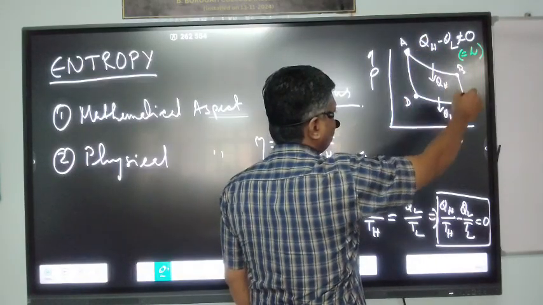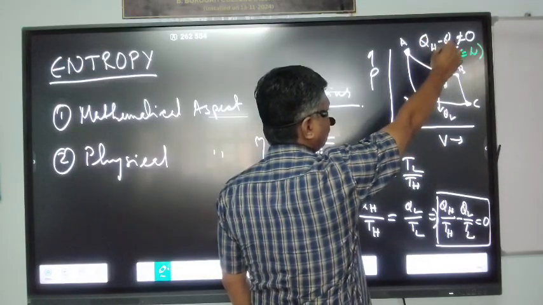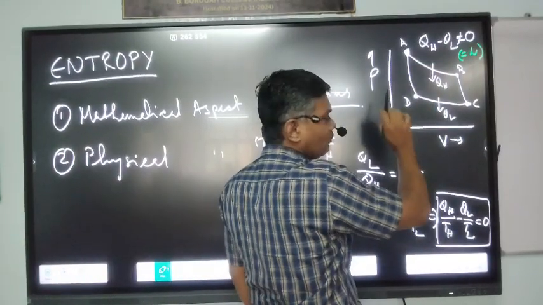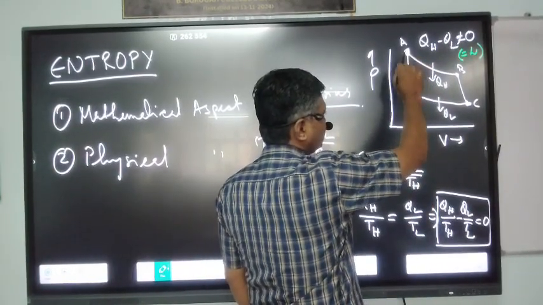If I start from here and come back to the same point and this were 0, then I should say that it is not depending on the path, it is depending on the state.